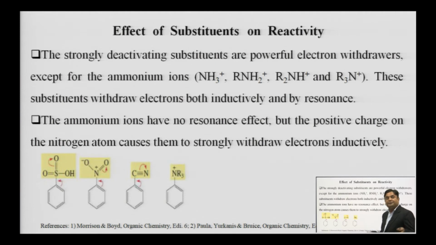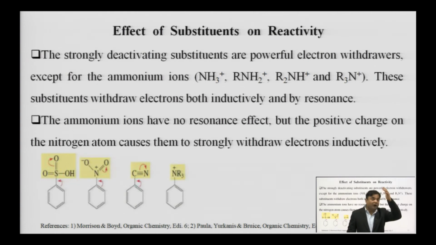Now, come to the point where we discuss strongly deactivating substituents. If strongly deactivating substituents are there, they can strongly withdraw electrons from the benzene ring, following all the mechanisms.